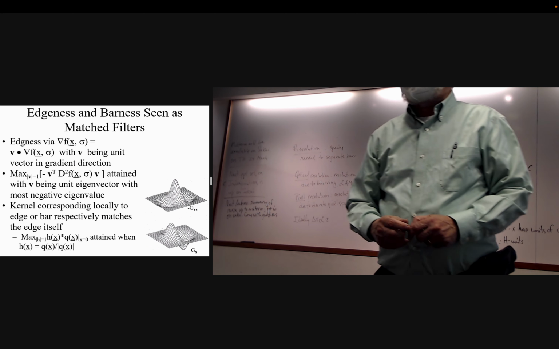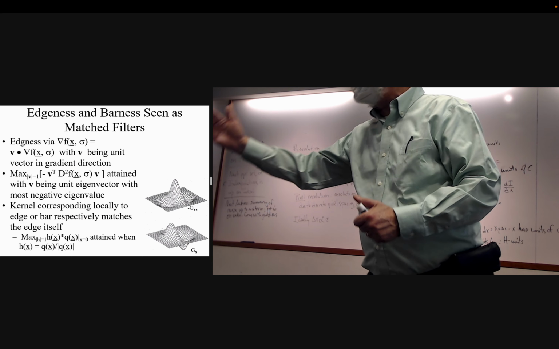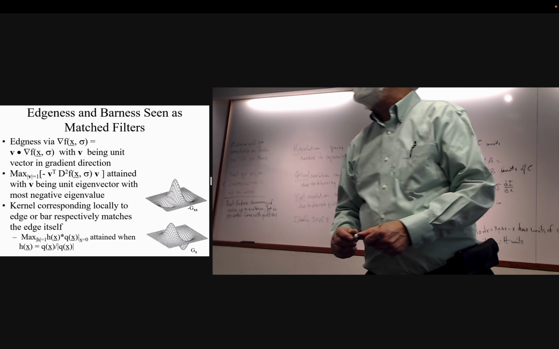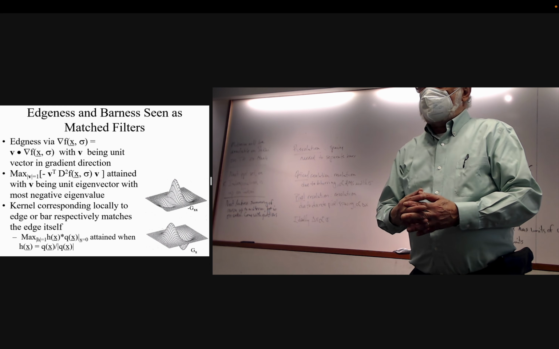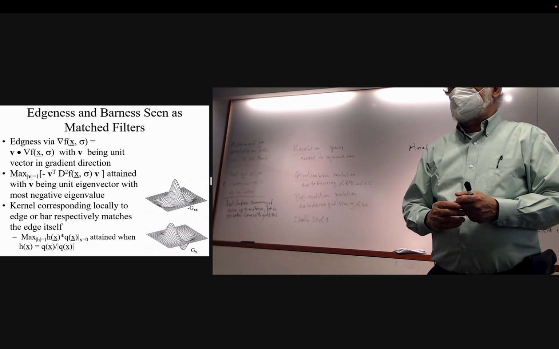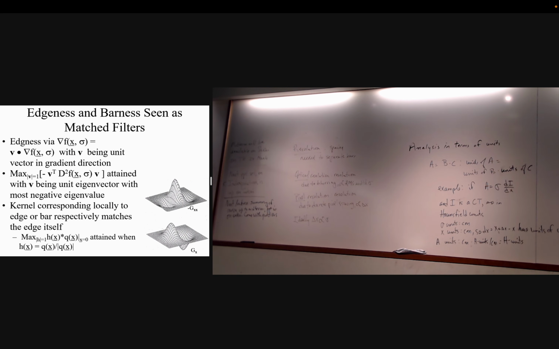And that slope depends on sigma, and we should choose the sigma so its slope matches the slope of edges that we have in the image. And the same thing, matching the width of the bar with the width of the central lobe of the second derivative operator. Okay, so I'm just trying to bring together the notion of matched filter and these ideas of the derivatives and how the scale is related to this matching.